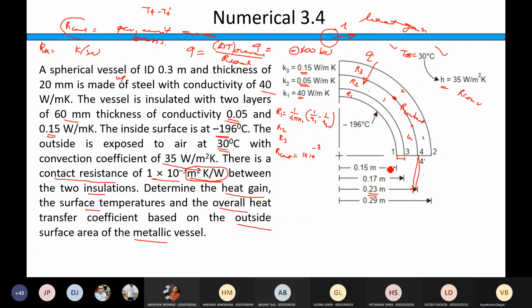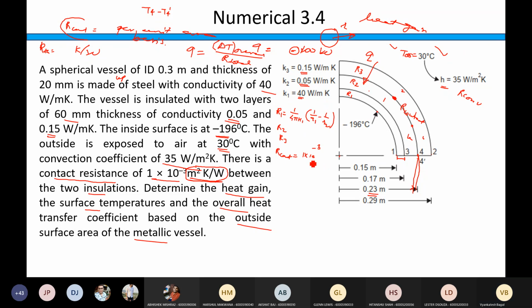We will calculate the area based on this radius. Why? Where is the interface? Where is the contact between the two insulations? It is at this radius, no? So that radius you have to take into account, 0.23. So you have to divide this value by area, then you will get the resistance in Kelvin per watt.